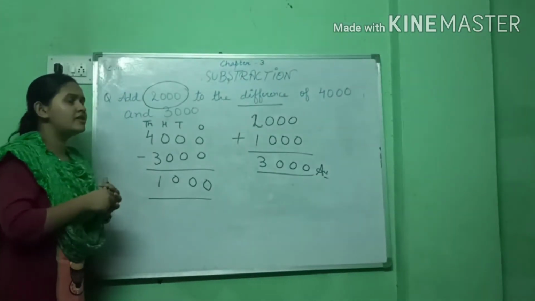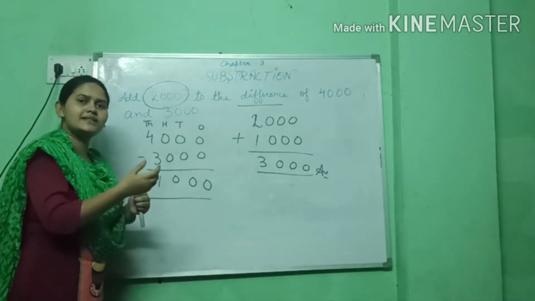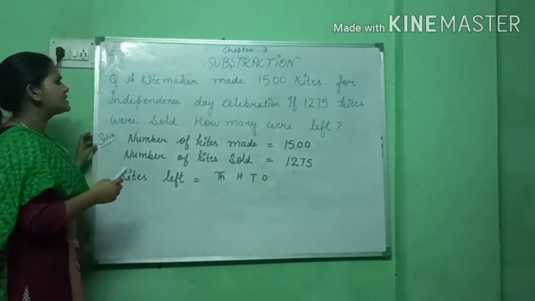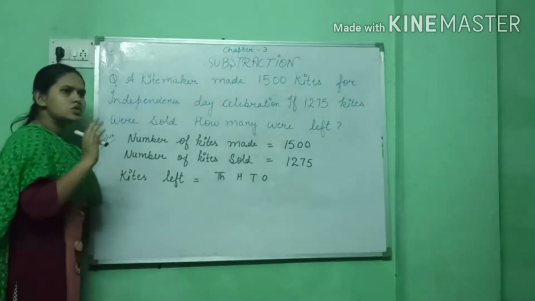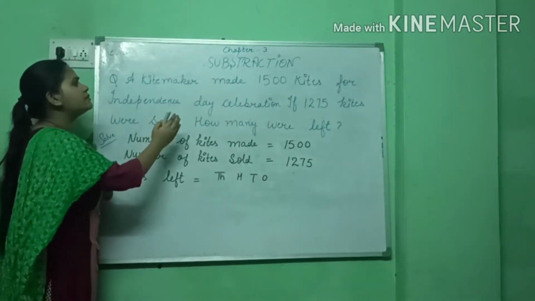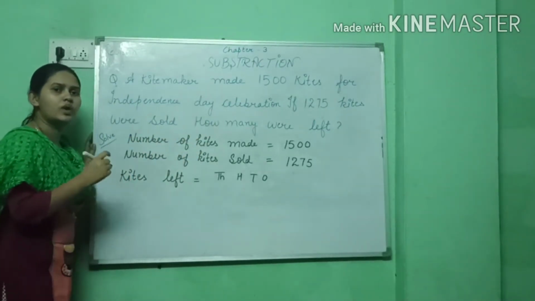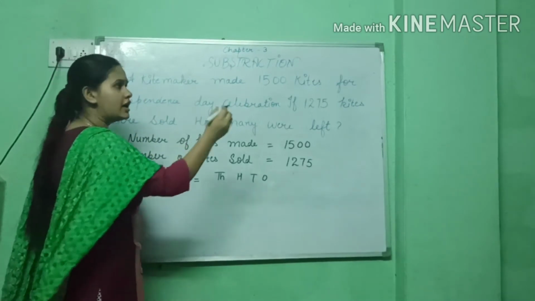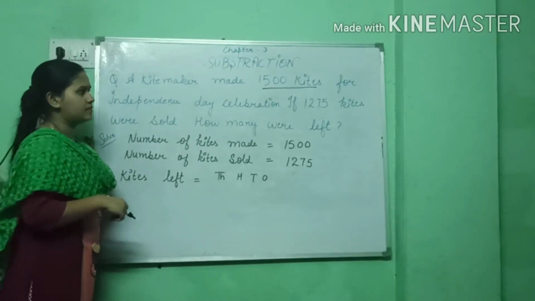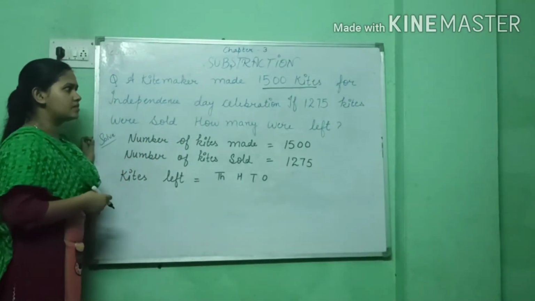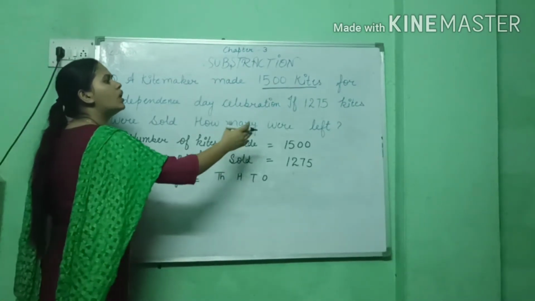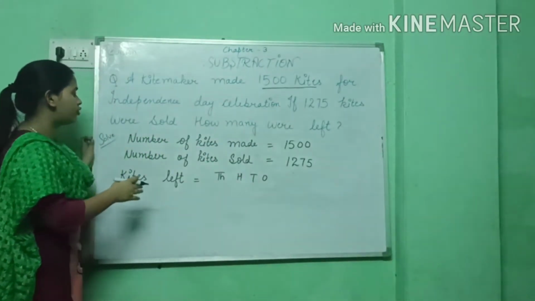Further, we will discuss another statement sum. Right, one more example of a statement sum. So students, now we have a statement in front of us. As I said, we have to understand the statement first. We can see a kite maker made 1500 kites for the Independence Day celebration. And 1275 kites were sold.